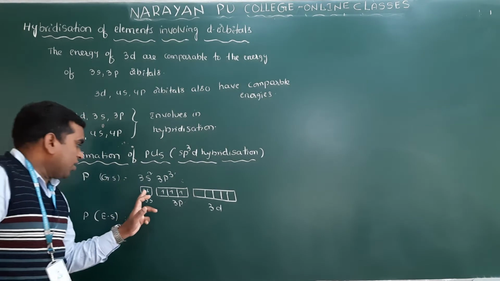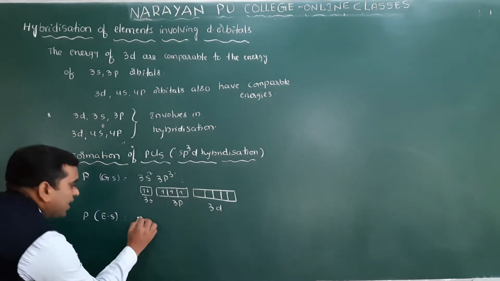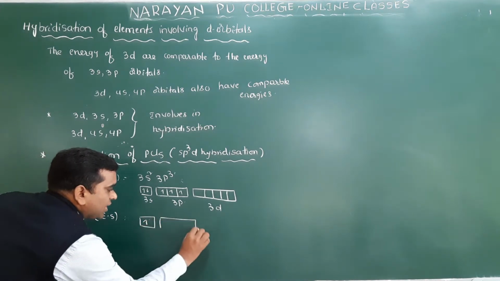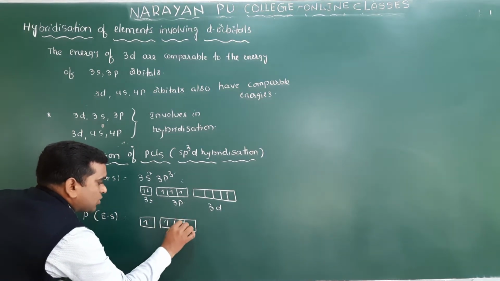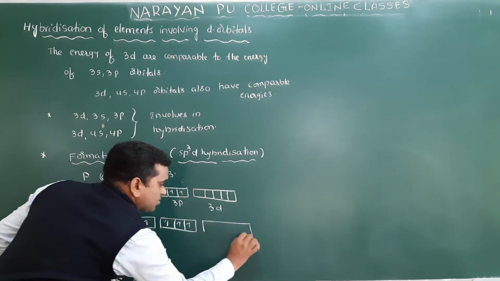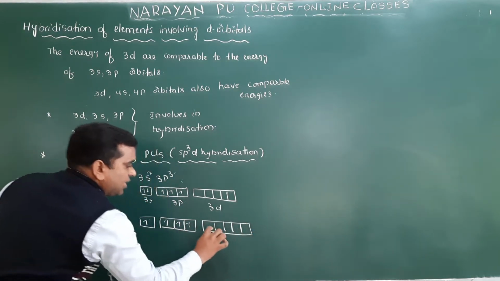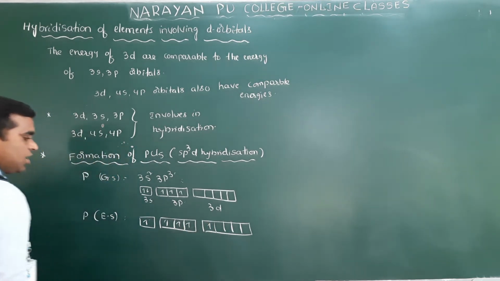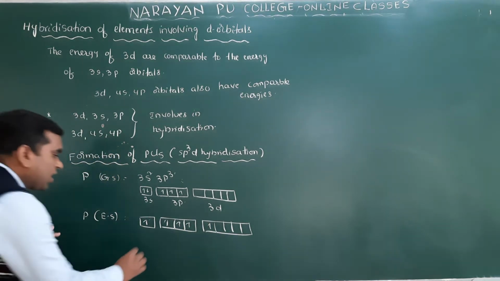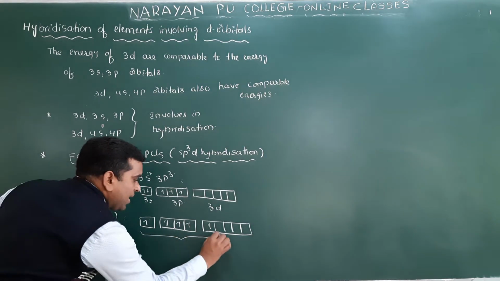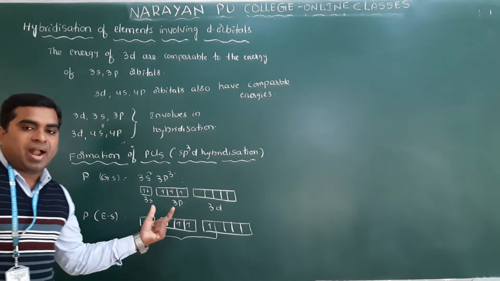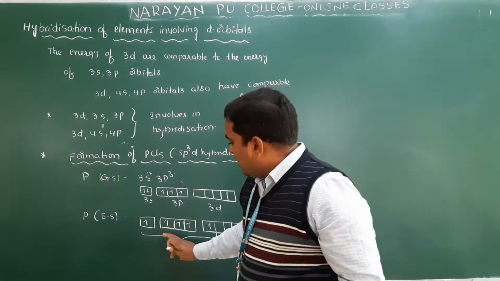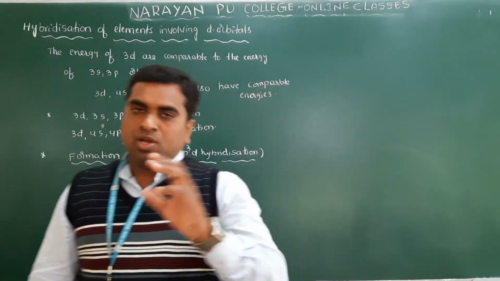So this electron will jump from here to here, that is the excited state. In the d orbital 1, p orbital 3, and s orbital 1. Total 5 unpaired electrons, and these 5 unpaired electrons are involved in the formation of covalent bonds.